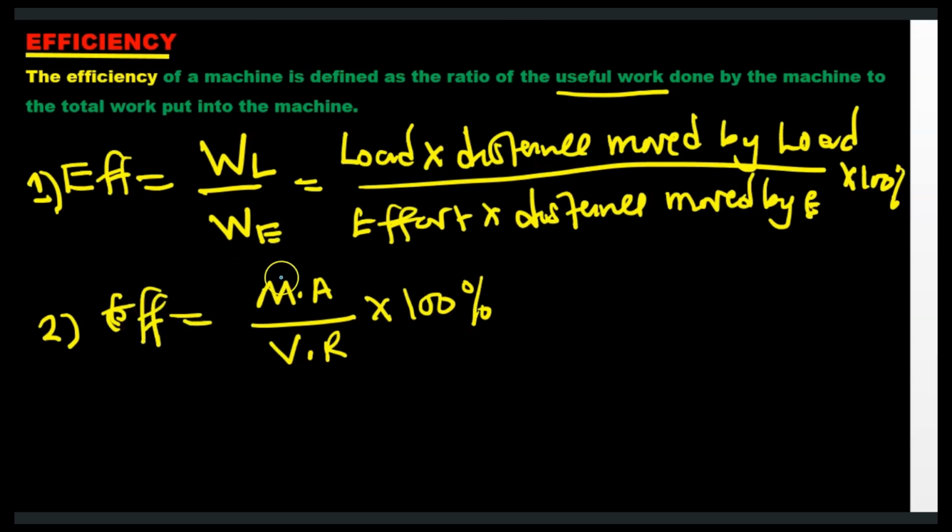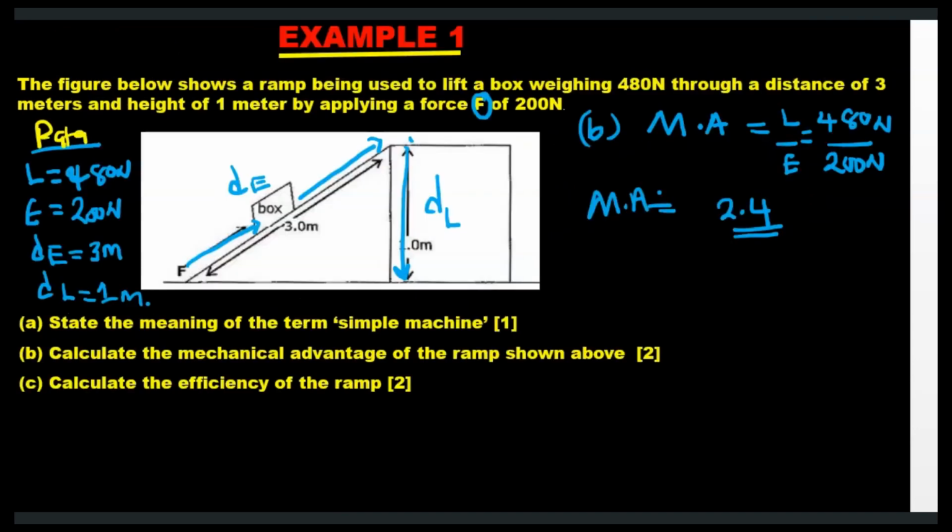Or efficiency is equal to mechanical advantage divided by velocity ratio, multiplied by 100%. So which one are we applying here? Do we have the work done by load? Do we have the work done by effort? Or can we calculate them?